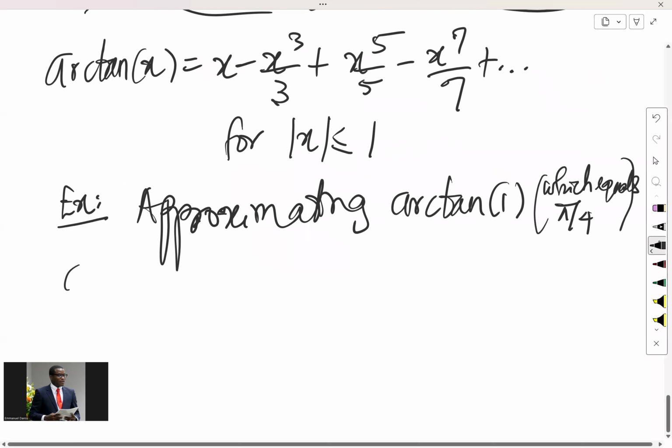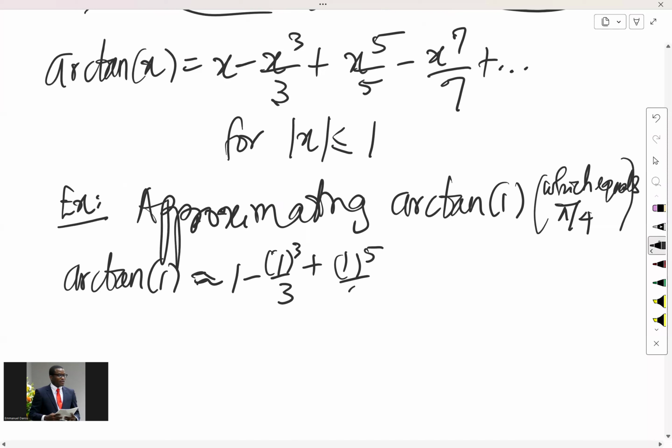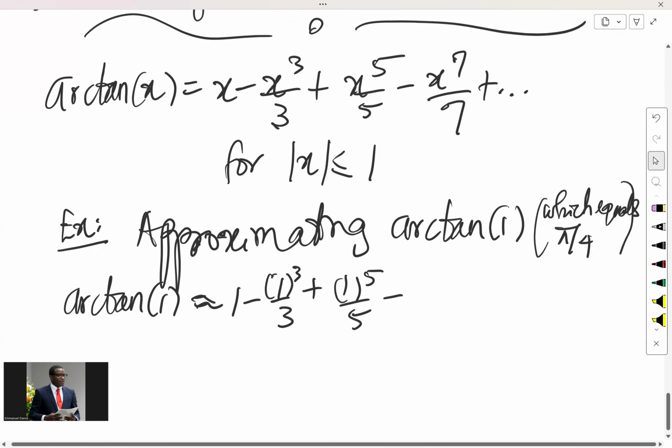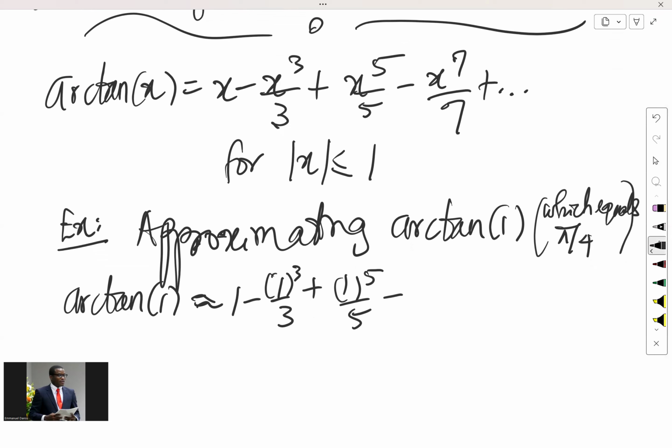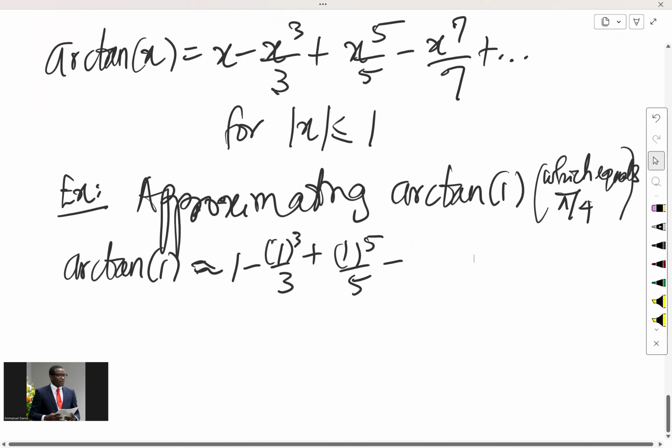So it means we have arctan 1 to be approximately 1 minus 1 over 3. Of course, that's 1 cubed over 3 plus 1 raised to power 5 over 5 minus. Okay, the difference here is, for sine and cosine, for sine that is odd, all these things are 3 factorial, 5 factorial, 7 factorial, but this one is not factorial, it's just 3, 5, 7, and all that.